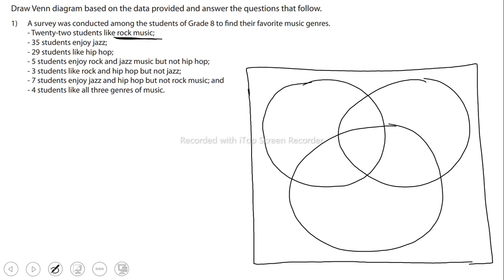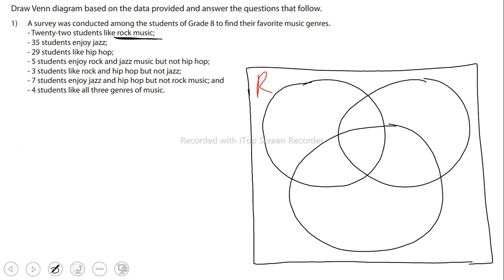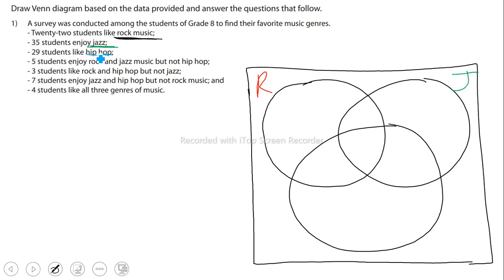What letter are we going to use for that? R, capital R. Then we have jazz. What letter could we use for that? J. And then we have hip hop. What letter are we going to use for hip hop? H. Good.